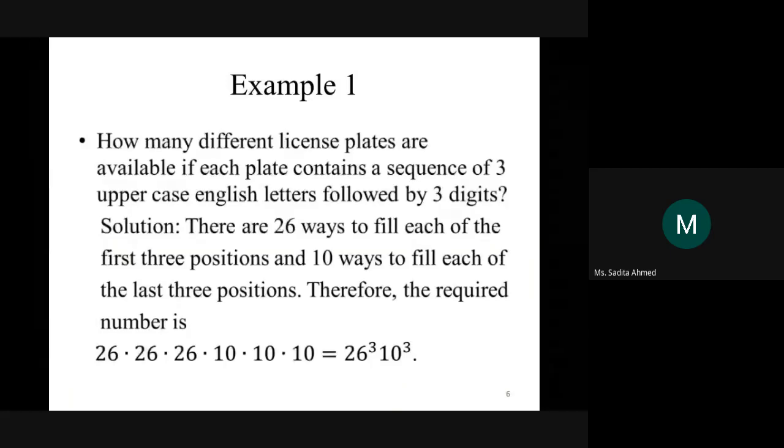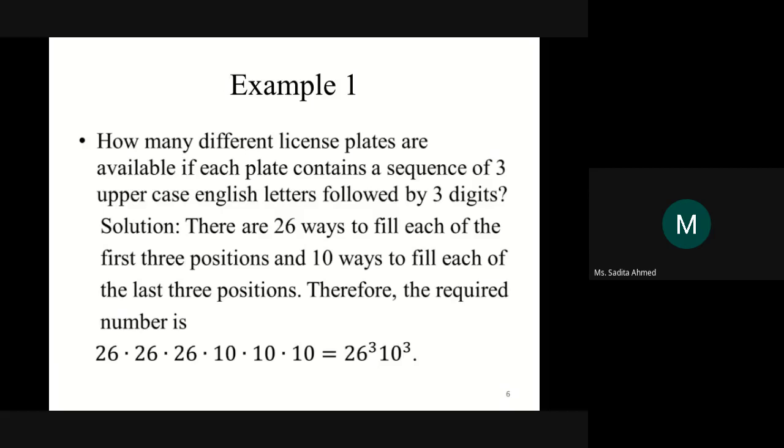First of all, you had a procedure. You broke it down into 6 tasks, and we found out how many ways there are to perform each of these tasks. Then we established that for each of the ways to perform the first task, there are a set of ways to perform the second task. For each of the ways to perform the second task, there are a set of ways to perform the third task. We established that relation as well, and hence we can apply the product rule here.